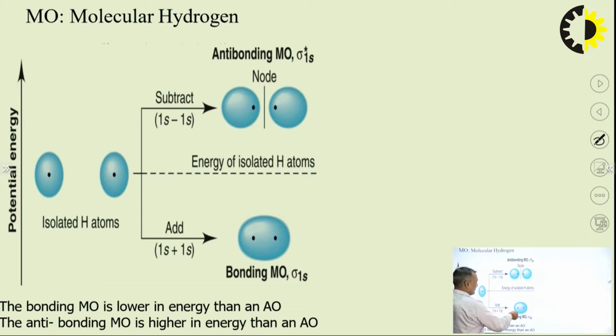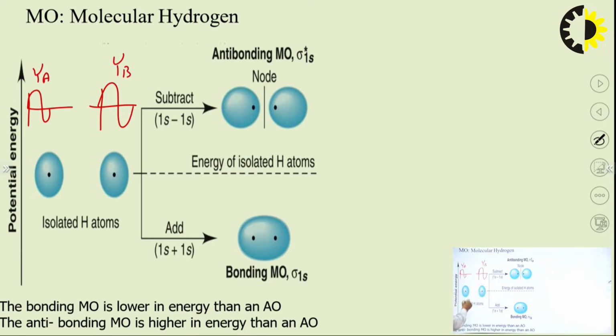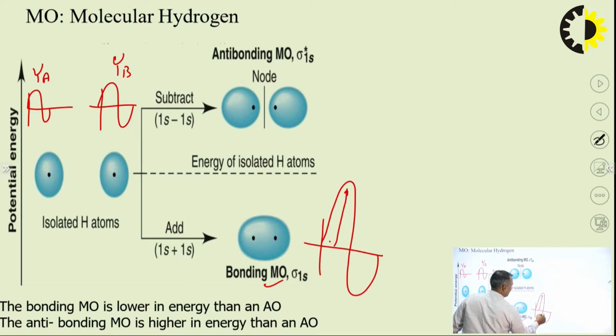If this is the wave function of this and this is the wave function of this, this is psi A, this is psi B, psi is the wave function, and if these two atoms constructively overlap, then it will form bonding molecular orbital, meaning the magnitude of the resultant of this bonding molecular orbital gets increased.